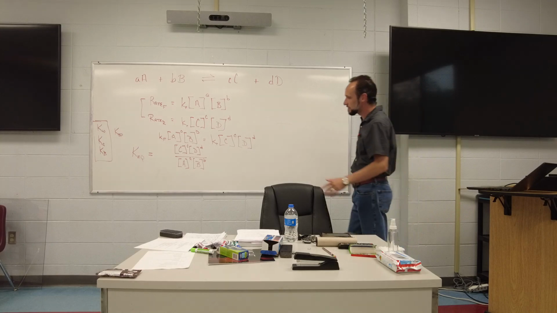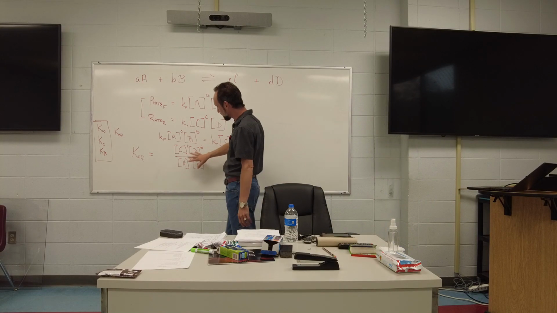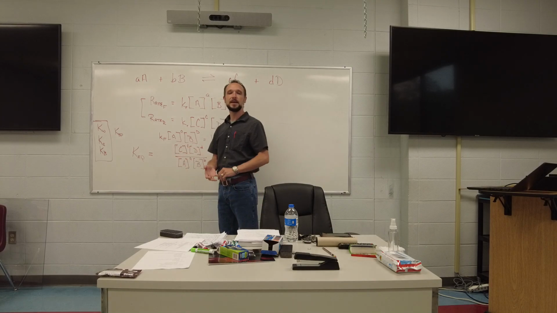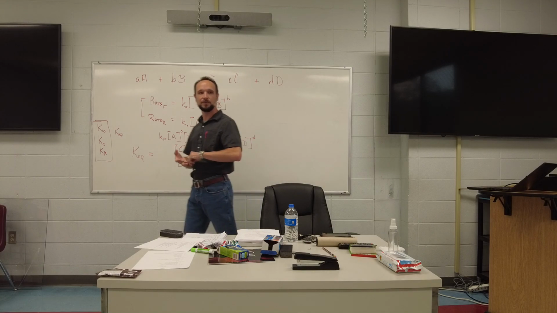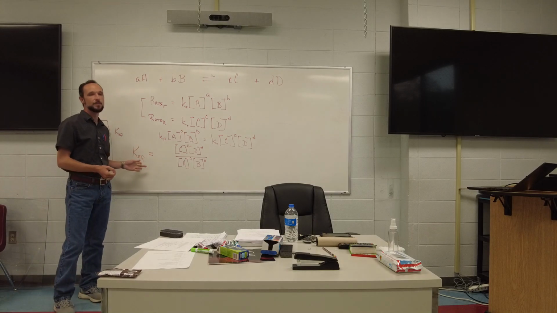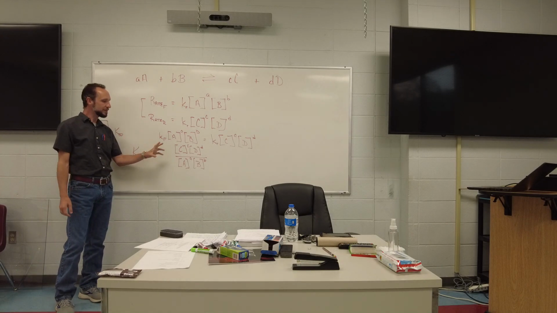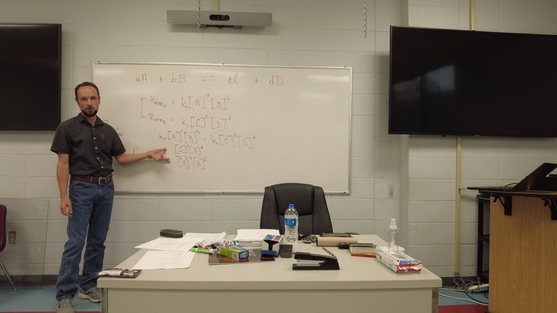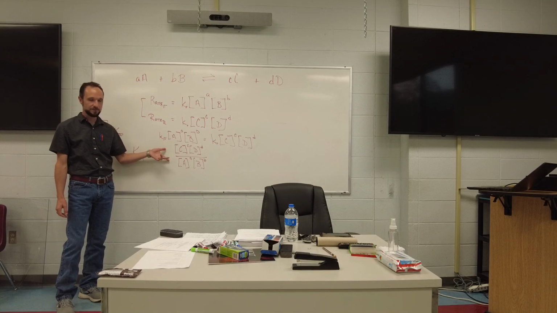The fact that we built this as the ratio of K forward to K reverse is simply a matter of directional designation for the equilibrium. We could have defined it the other way, but it would have reversed the meaning of everything that we are about to talk about.